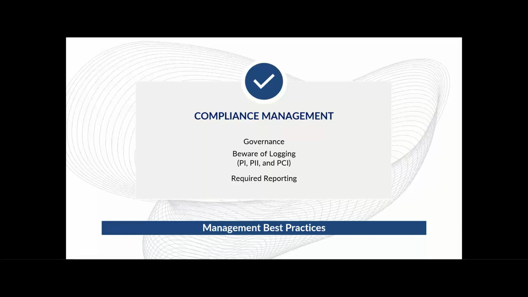Logging can be a great tool, but logging more information than necessary can create compliance issues. When determining what needs to be logged to meet operational requirements, don't forget to focus on what type of data could potentially be logged, such as PI, PII, HIPAA, or even PCI.